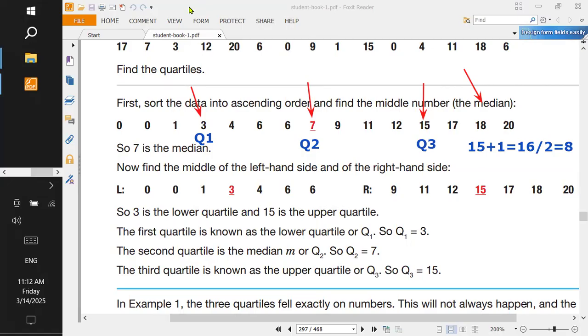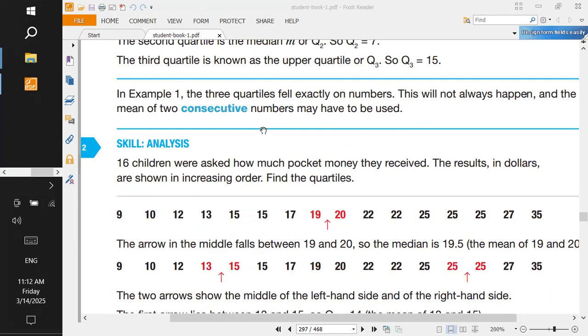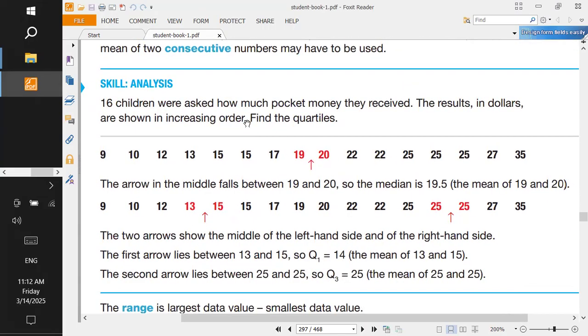If you have an even number of data like this one here, we have 1, 2, 3, up to 16. Because we have 16 numbers, when we add 1, it's going to be 17. When you divide it by 2, this will give you 8.5.